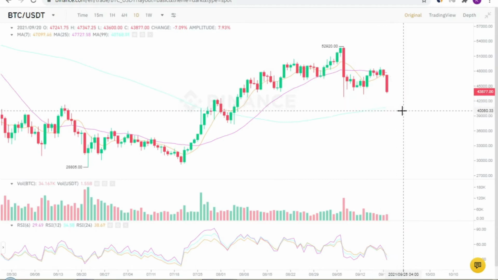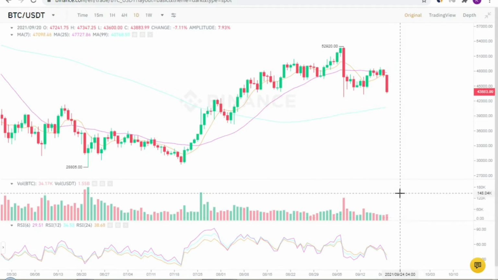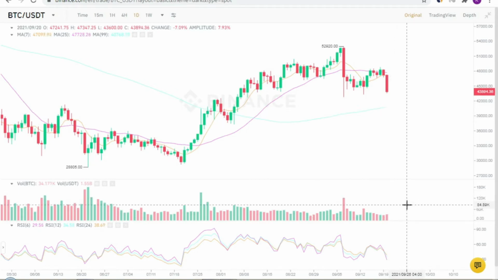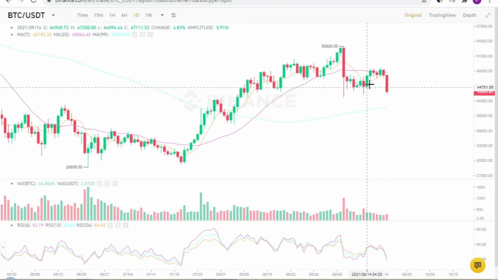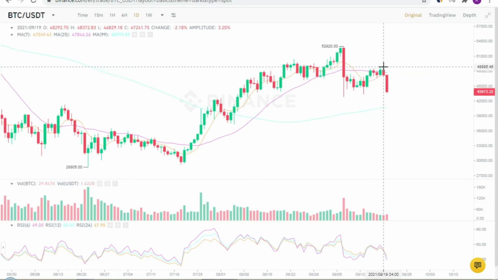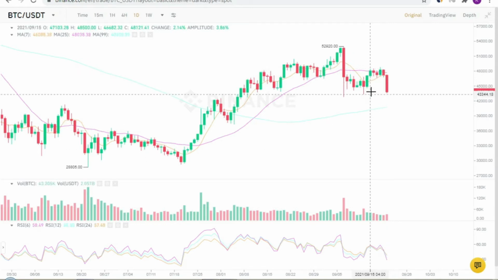We can have a sudden decrease in price or a sudden increase in price, provided buyers or sellers enter the markets. For example, as we move up this trend here, you see that the price is increasing from 44,000 to 48,000, an increase of $4,000.